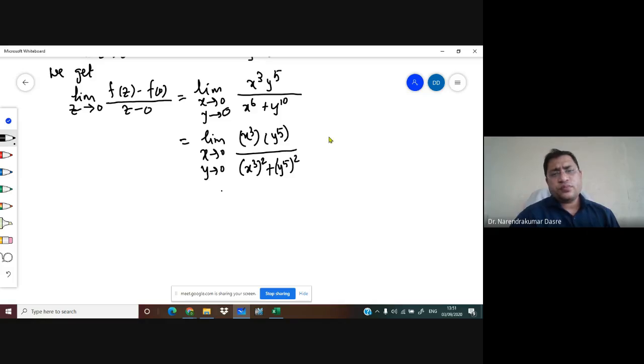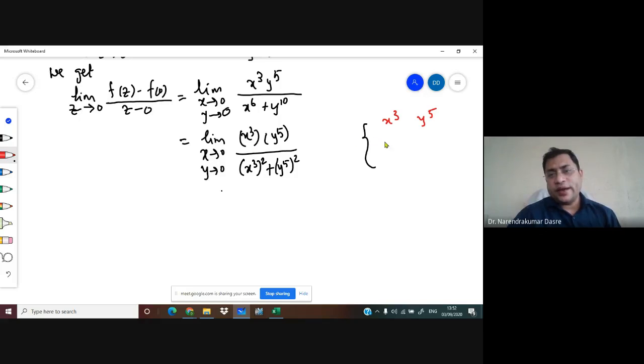We have the terms x cube and y raised to 5, and you can see in the denominator also the same terms, x cube and y raised to 5.